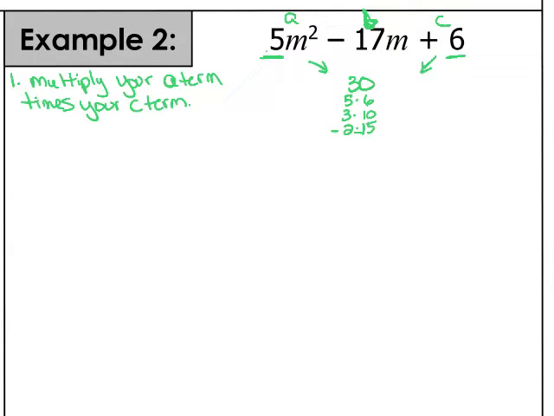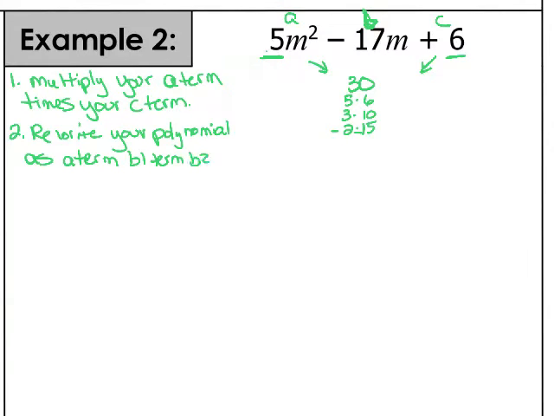So the second step then is to rewrite your polynomial as A term, B1 term, B2 term, and C term.